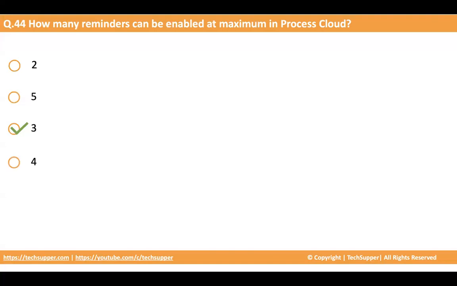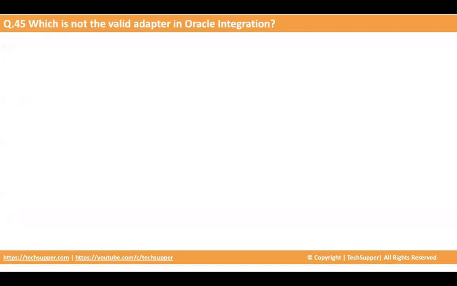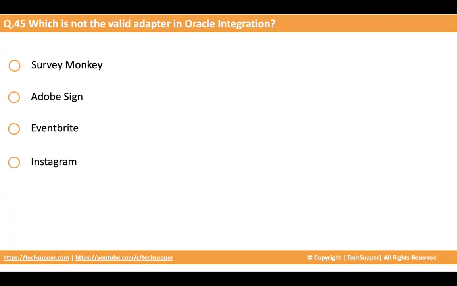Okay, now let's get into the next question. The next question is like this: which is not the valid adapter in Oracle integration? So you use various adapters. Let's look at all the adapters: SurveyMonkey, Adobe Sign, Eventbrite, Instagram, Facebook.